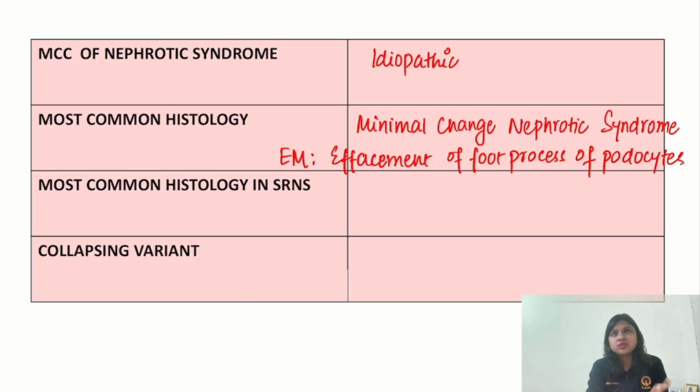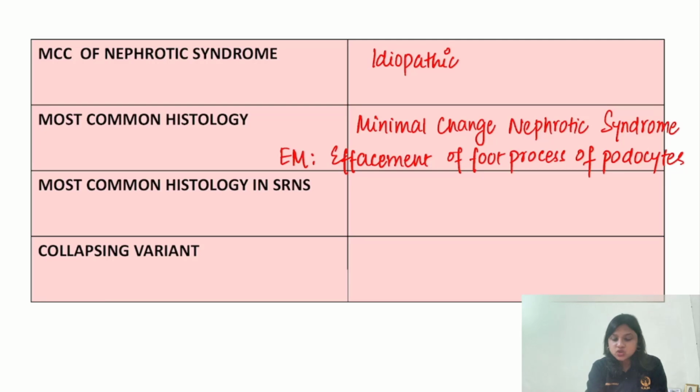If you're asked in a question, a child presents with oliguria, edema, nephrotic range proteinuria, and you go for a renal biopsy, what do you expect to see in the immunofluorescence? The answer will be no deposit.